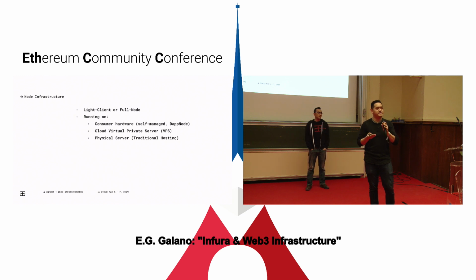You could be running this through your VPS, which I think the majority of people do, whether that's DigitalOcean, Linode, Azure, AWS. And then lastly, people could be running their own physical server somewhere, whether that's co-located in a data center or through some other bare metal provider. But those are pretty much the options that you have.